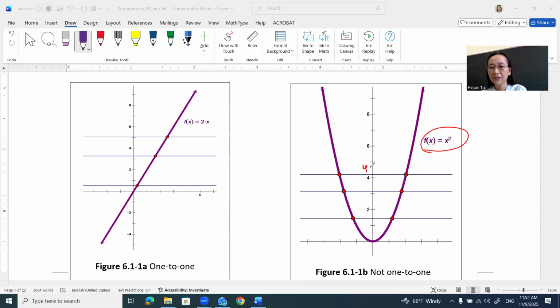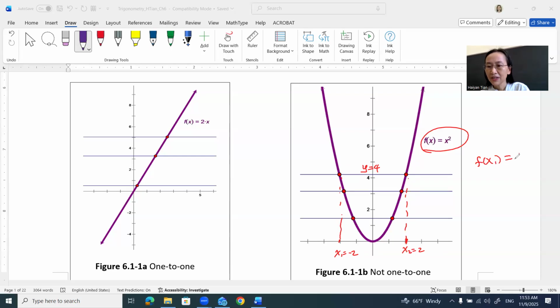That shows for a certain y, if it intersects the curve more than once, there will be corresponding different x's, such that this y value can be achieved at different x's. That also tells the same thing.